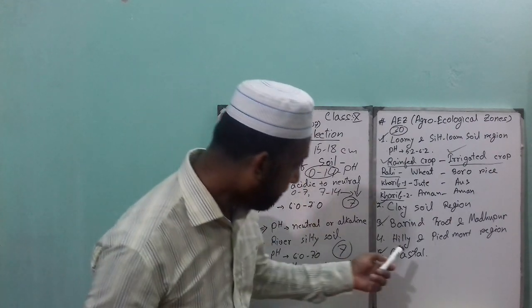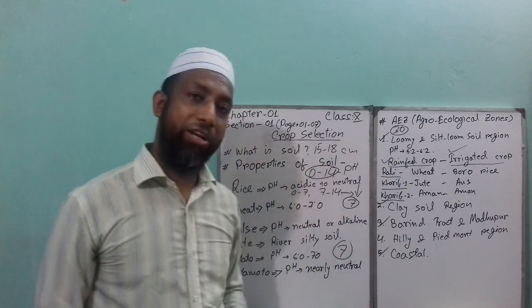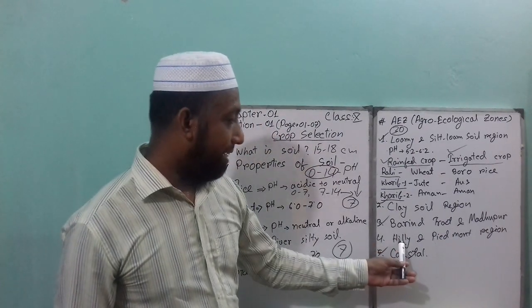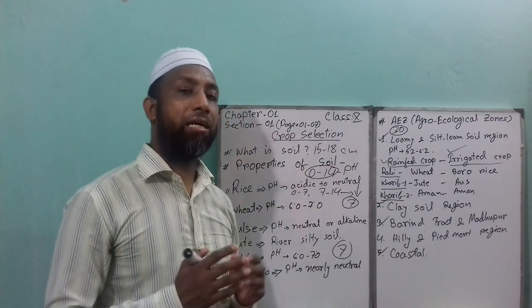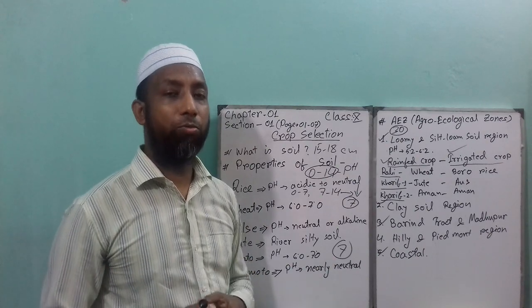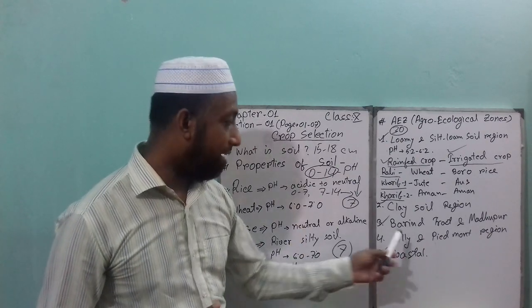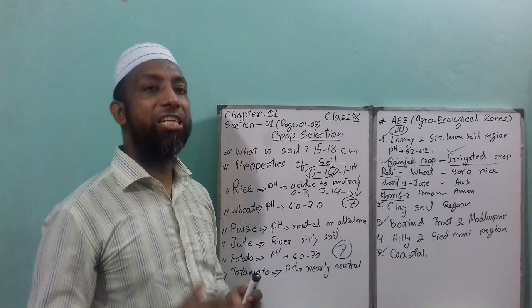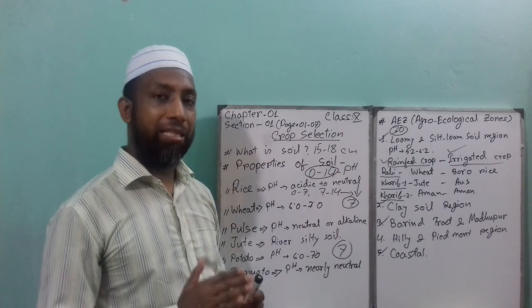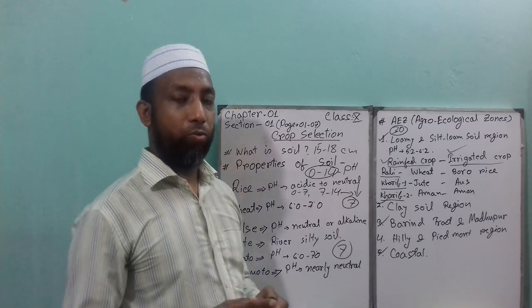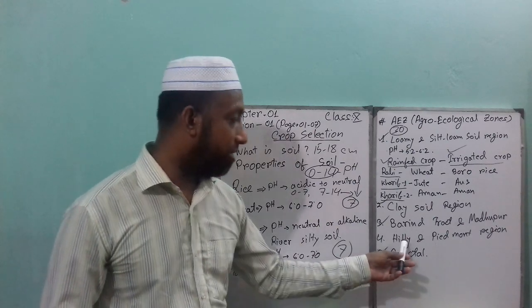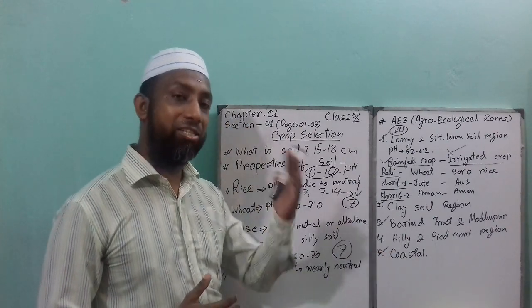Next one is hilly and Piedmont region. This region is located in Khagrachari, Rangamati, Bandarban, this area, and here soil pH is a little bit acidic, and sometimes we call this region tribal land because this is a hill tracts area.